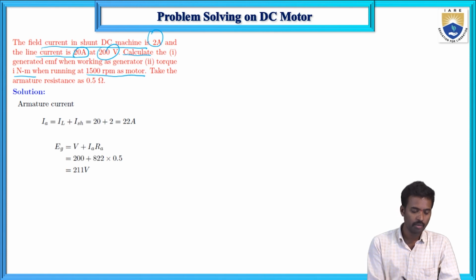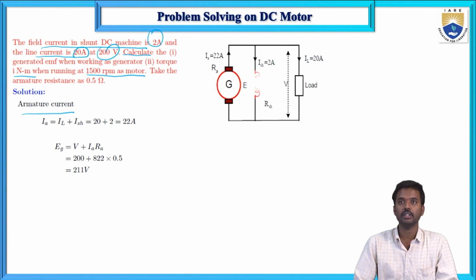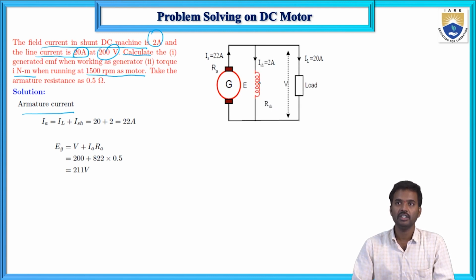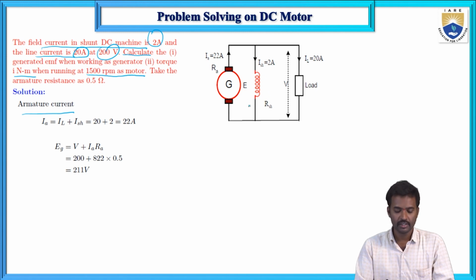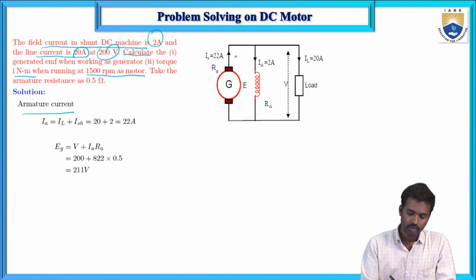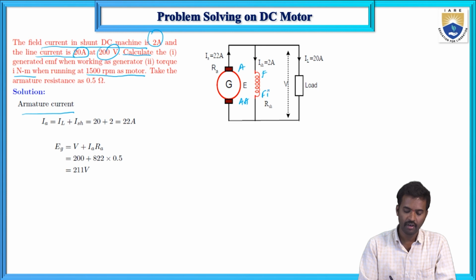So first, the armature current. If you see the diagram, this is the DC shunt generator diagram. Now, if it is working as a generator, this is the armature, AA, and this is the field, FF, and next this is the load.